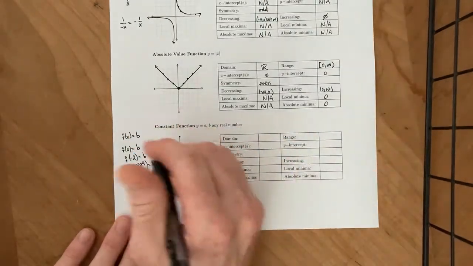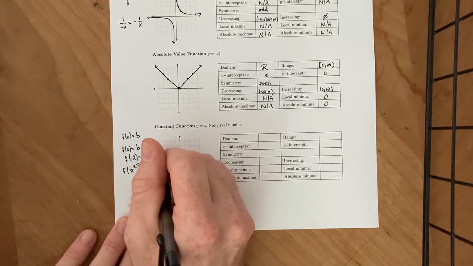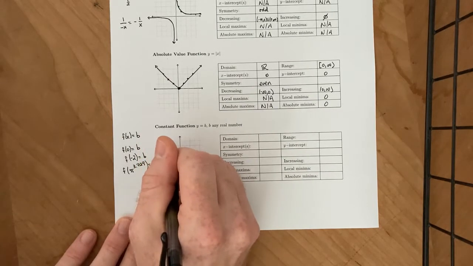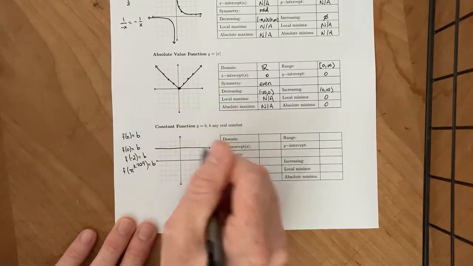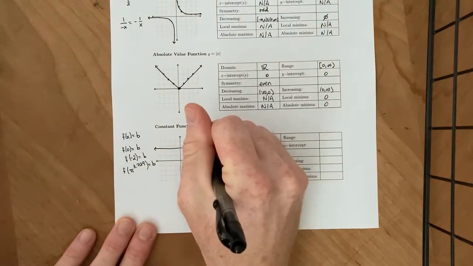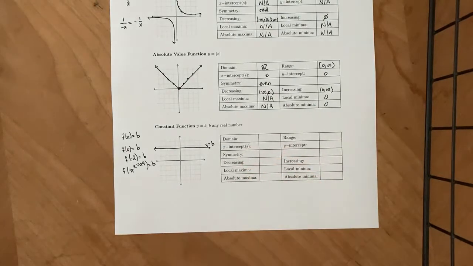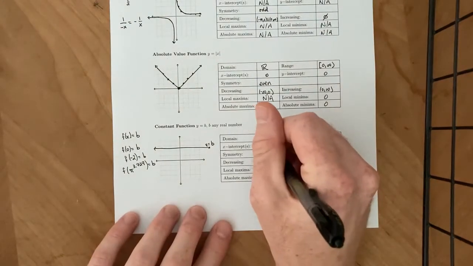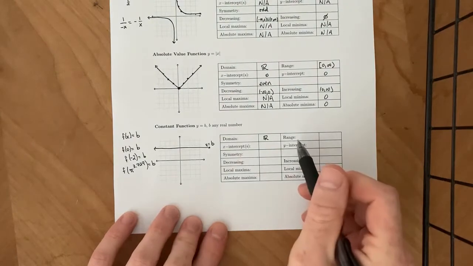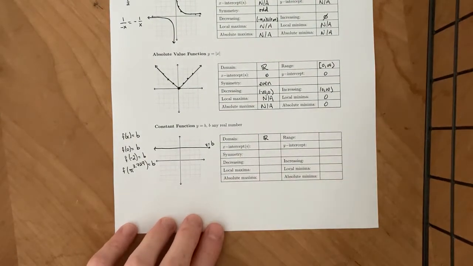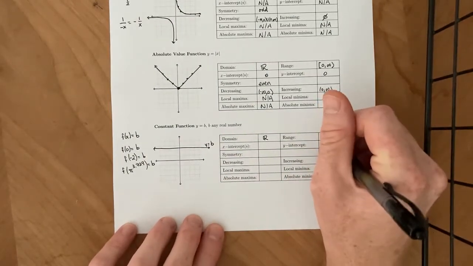So let's just arbitrarily pick somewhere to draw this line. And the height is always going to be the same. We'll just call this y equals b. From this picture, it looks like y equals 2.5, but we had to draw something. Domain, you can plug any number in. So we get R. The range, this function just says b every single time you plug a number in.